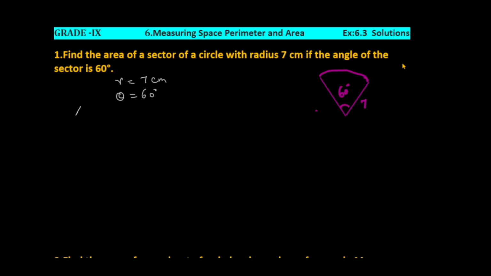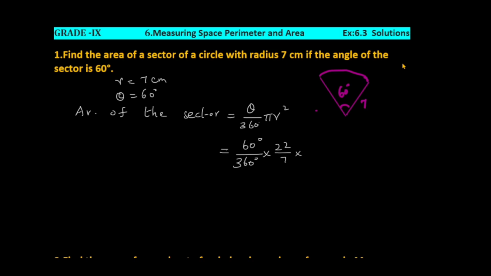We know very well area of the sector is equal to theta by 360 degree pi r square. So replacing our particular informations here, theta by 360 into 22 by 7 into r squared. Don't write 7 squared. Instead of that, write 7 into 7. Then you can get the error-free calculation here. If you are finding r squared 49, then cancelling with 7, you will be wasting your time.